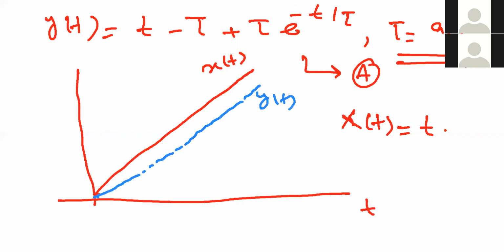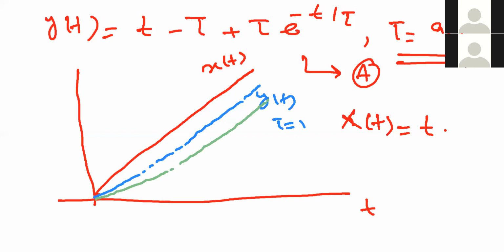Tau is equal to 1. So if you draw this for tau is equal to 1, you are getting this expression. Similarly, if you draw this for tau is equal to 2, then you are getting this expression.